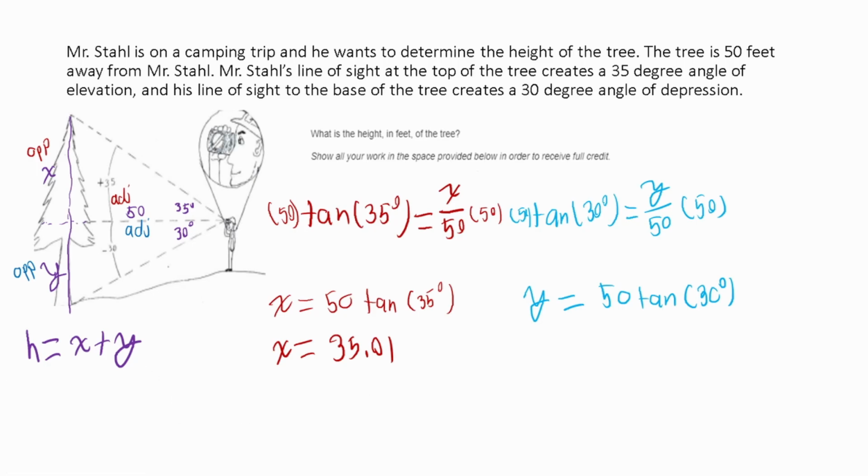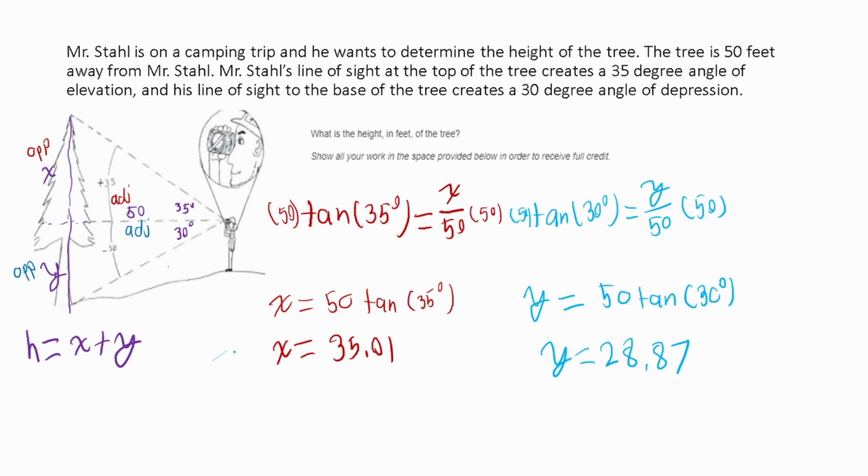And when I plug this into my calculator, we get 50 tangent of 30 degrees. And we click enter. It's going to give me, and once again, I'm going to round to that second decimal place, y equals 28.87.